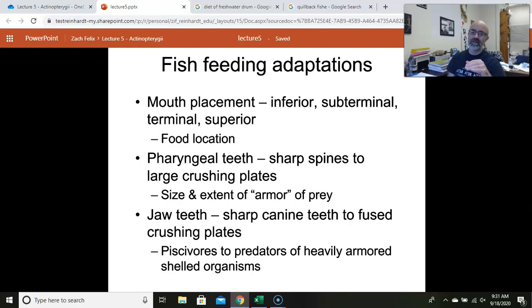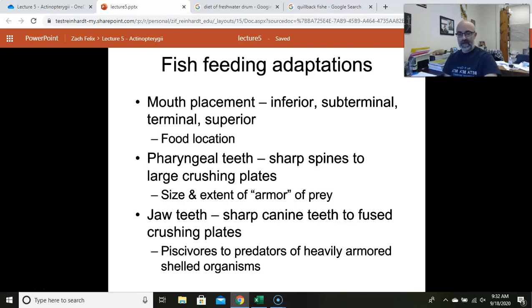Subterminal is just below the apex or the tip of the body. Terminal's at the tip, and then superior's at the top. And that depends, again, it's all about specializing on the type of food that you eat in order to compete with all the other fish that are in the creek. Okay, and where that food is that you specialize on.